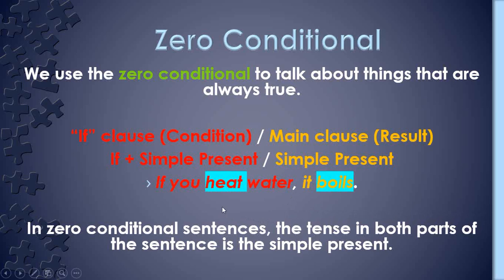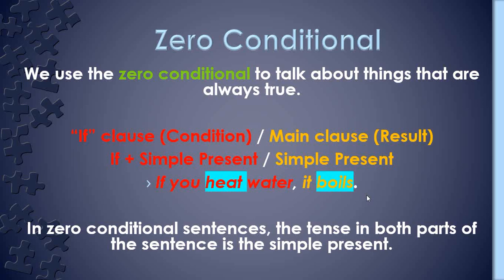Here we have an example. If you heat water, it boils. Okay? So, let's see if all of the conditions are true. If you heat water, it boils. That is always true.